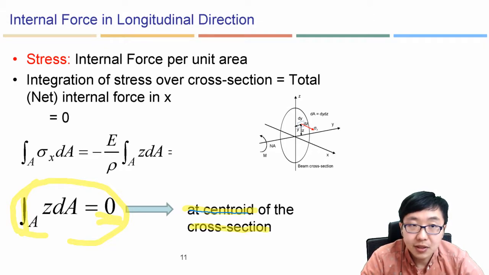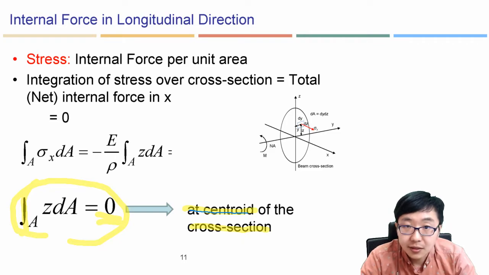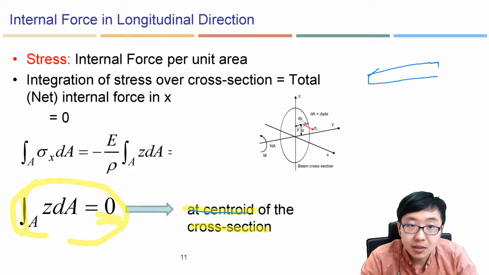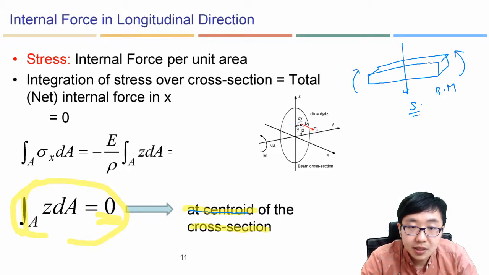Previously we learned that once we have this kind of beam structure subjected to a bending moment, this is actually a sagging bending moment, so this section will be compressed at the deck, and the bottom part will be tensioned.